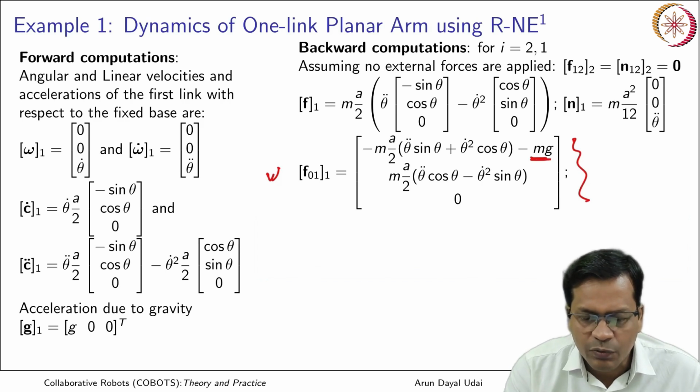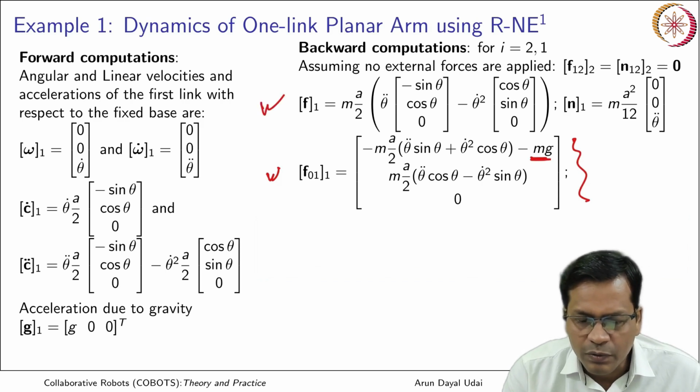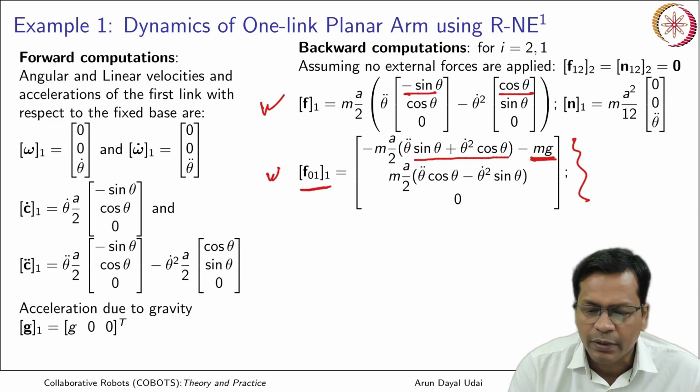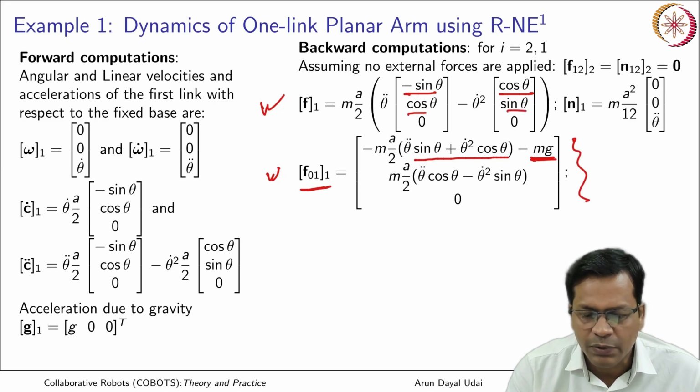For the whole of this equation, the top row is considered here, plus this mg force that comes when it is expressed in the first frame, F01 in 1. Other terms remain as they are.